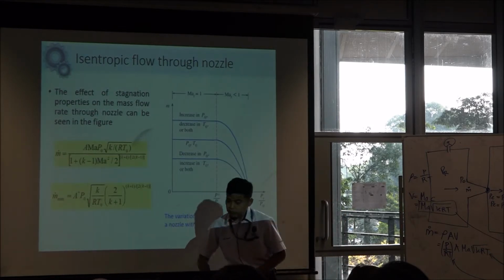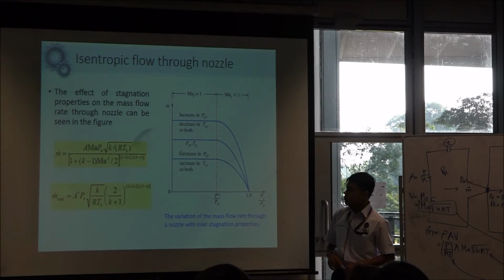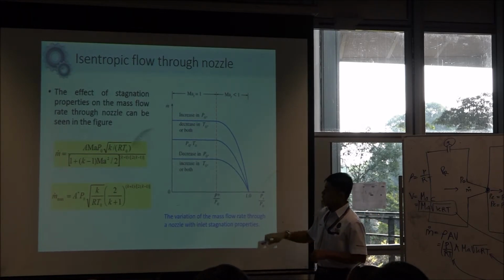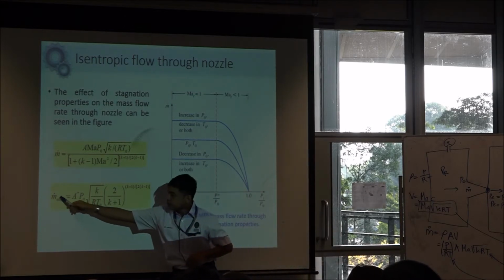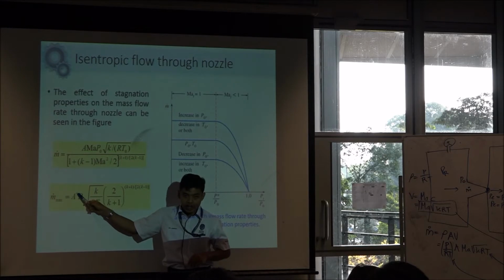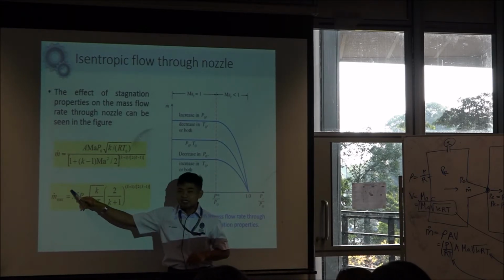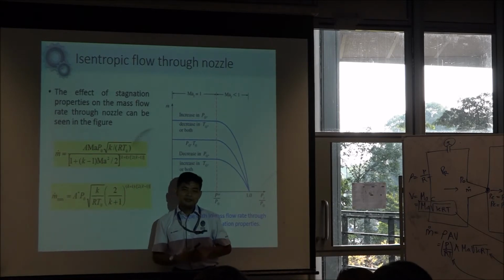And also, based on our mass flow rate formula, you can see that if you want to increase the maximum flow rate, you can either increase pressure, decrease the temperature, or increase the area.